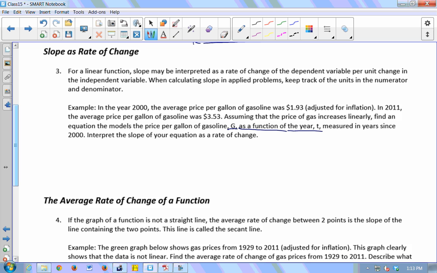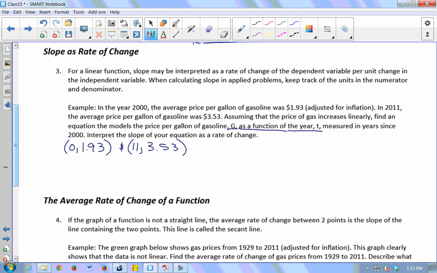So which one is the independent variable? Time is the independent variable. Gas price depends on time. Gas is a function of time. So we just should swap the order of your points. So we'll do 0, 193, and 11 for the year 2011, 353. So those are my 2 points.